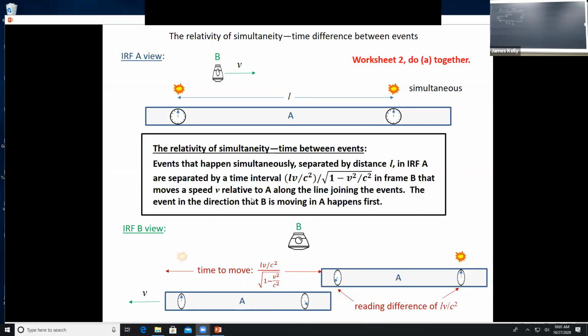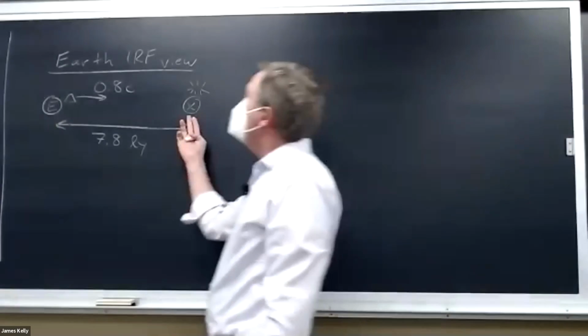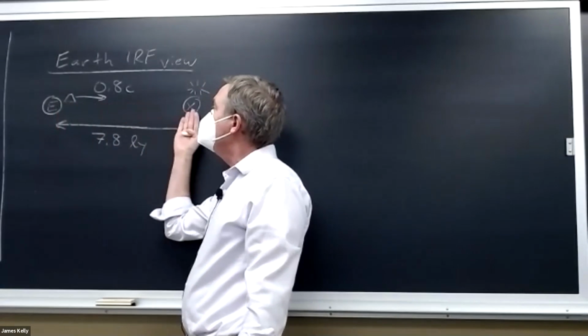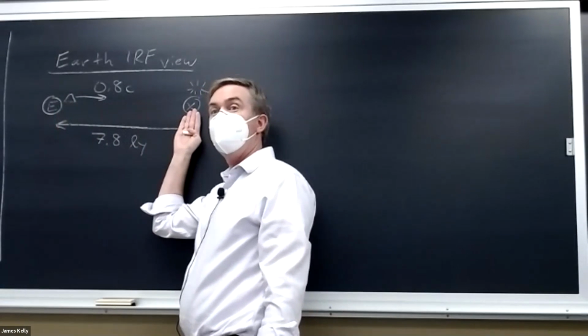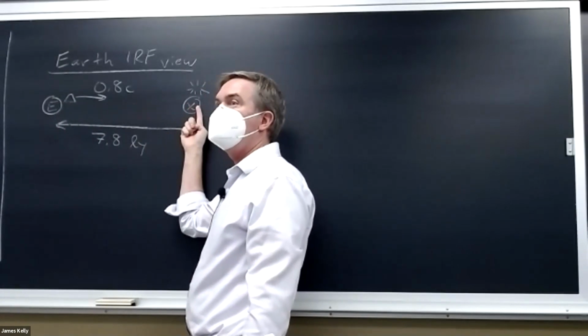They're simultaneous in Earth's frame, but in the other frame, the one to the right is happening first. And so let's go back to the board here. This is the one that the ship frame is moving toward, in the point of view where they're simultaneous. And therefore, this one happens first.